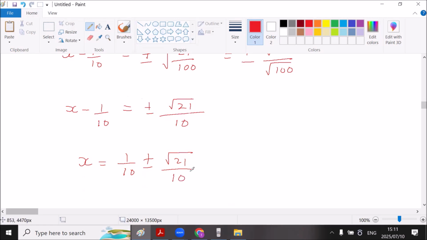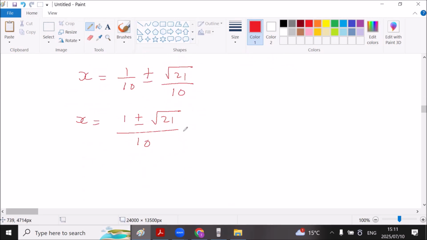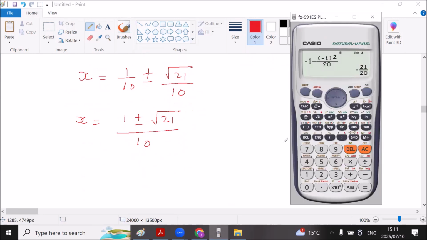We have x is equal to 1 over 10 plus or minus the square root of 21 over 10. Common denominator, we can say x is equal to 1 plus or minus the square root of 21 over 10. To 2 decimal places, we can use our calculator to say fraction 1 plus square root of 21 all over 10. And we get 0.56.